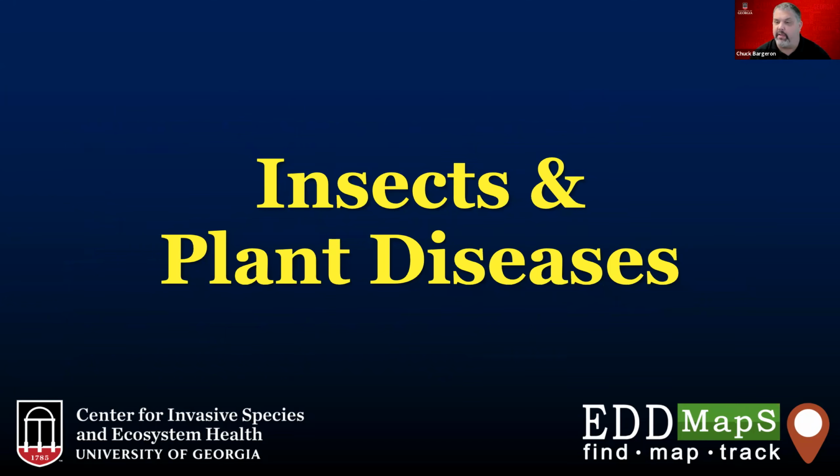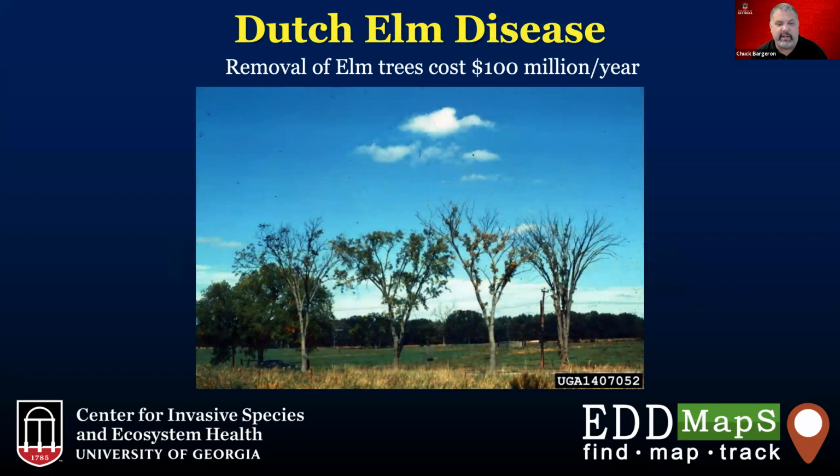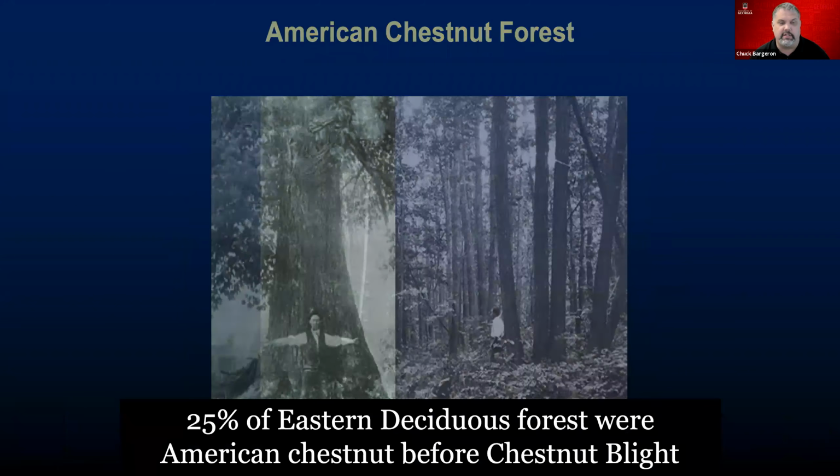I like to talk about the other things to get your attention, and then let's talk about some of the tree problems quickly, and then some of the plants. A lot of times we don't think about some of these historical problems as invasive species, but Dutch elm disease and the cost to remove elm trees from Dutch elm disease, that's an invasive species, as well as the chestnut blight, which took out almost all of our chestnut trees.